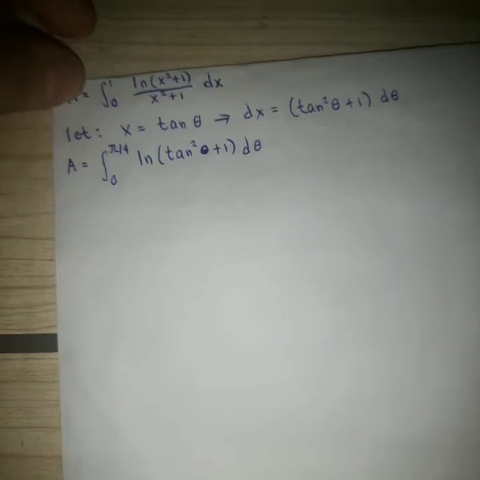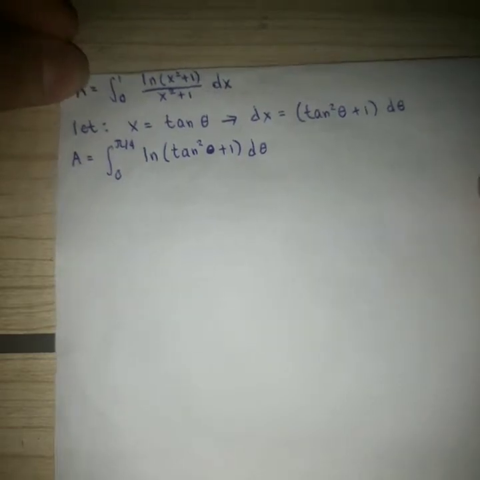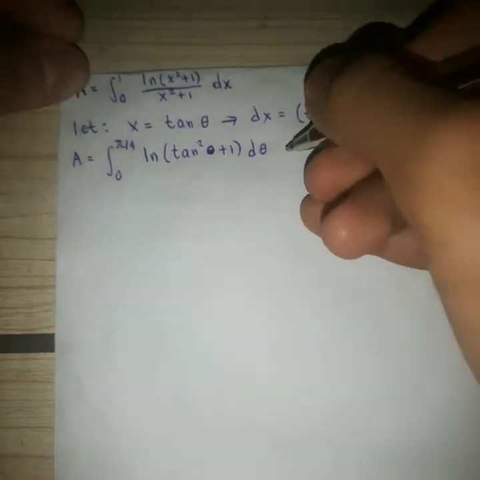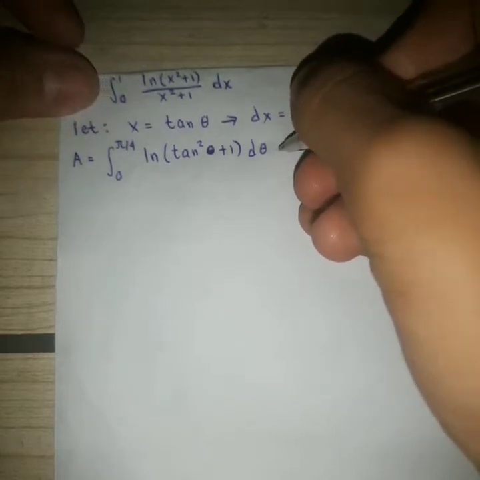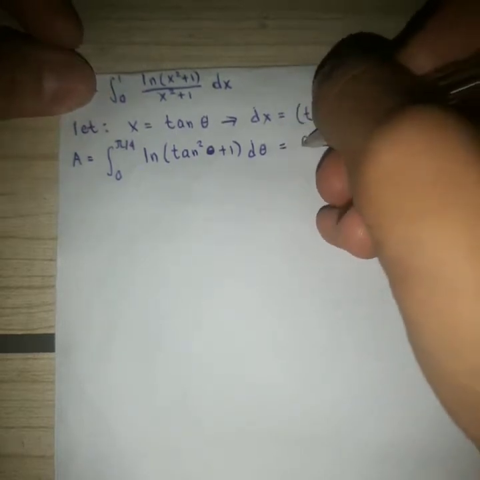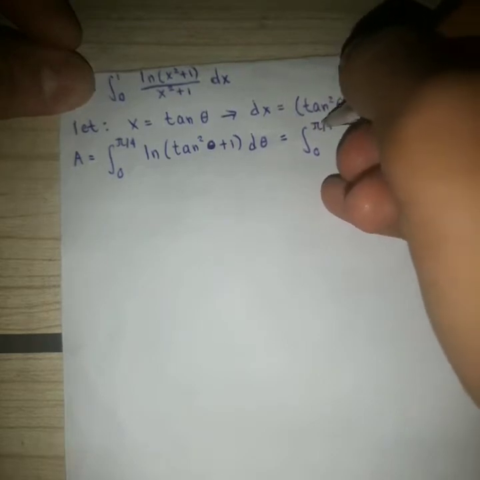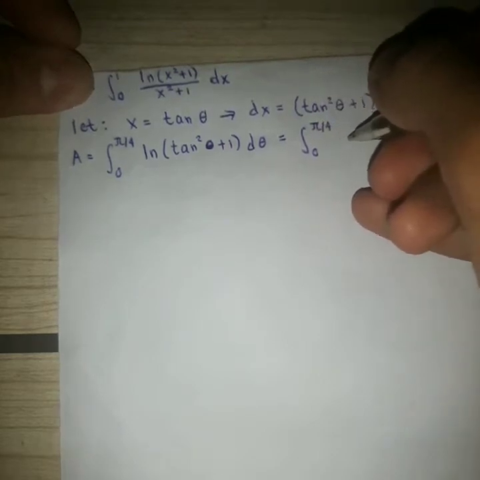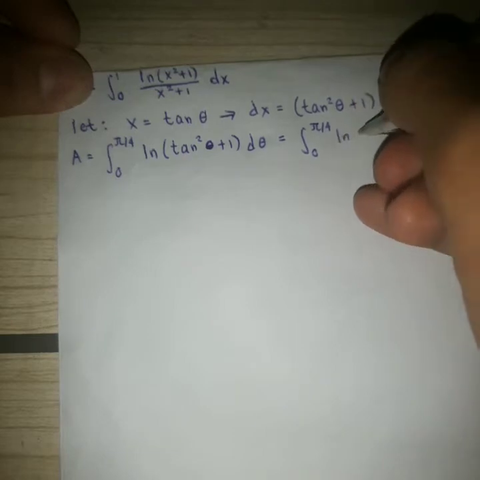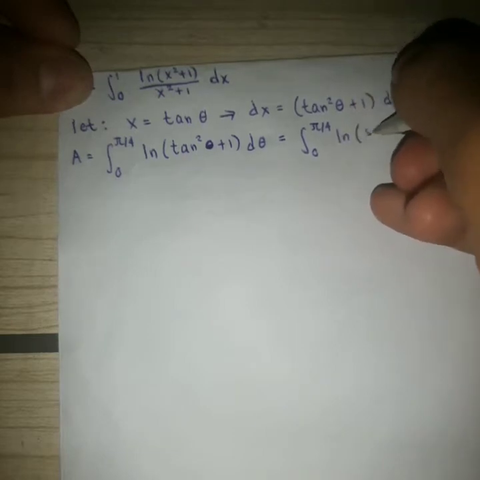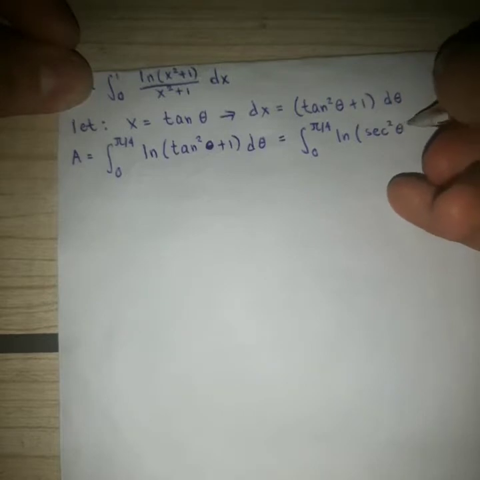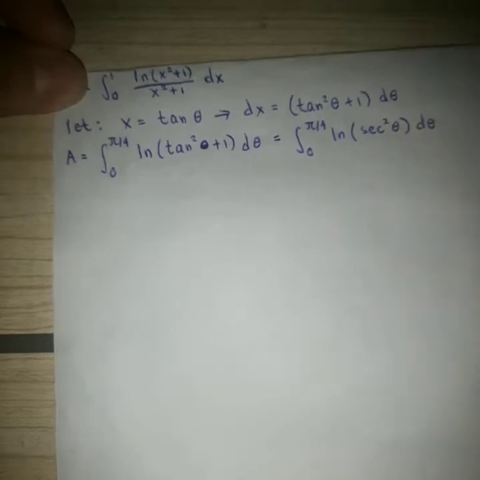So now, since we know that tan squared theta plus 1 is just equal to secant squared theta, this integral will become the integral from 0 to pi over 4 of ln secant squared theta d theta.